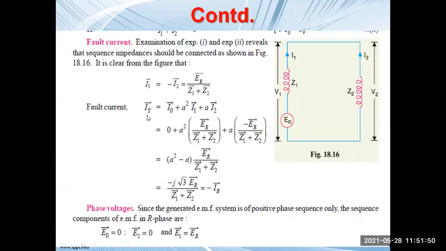So we need to calculate IY. I should derive it, otherwise it will not be clear for you. Just a minute, I will derive.